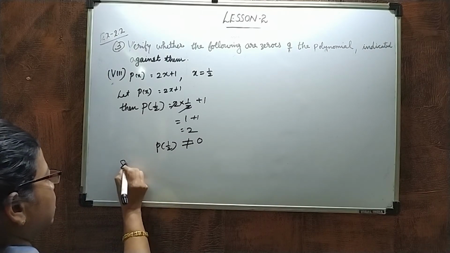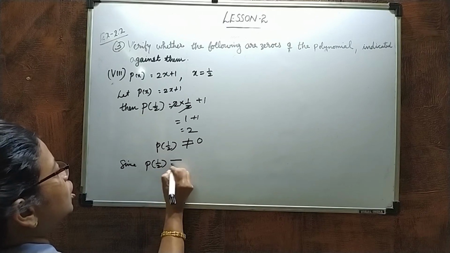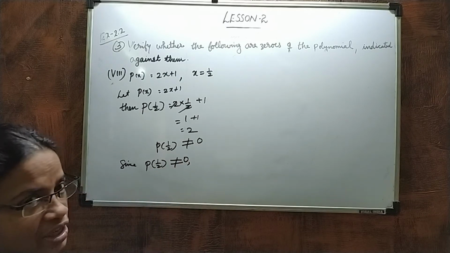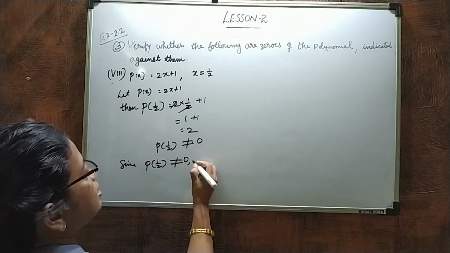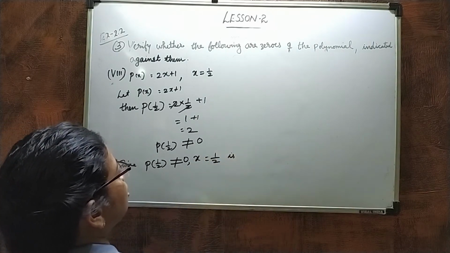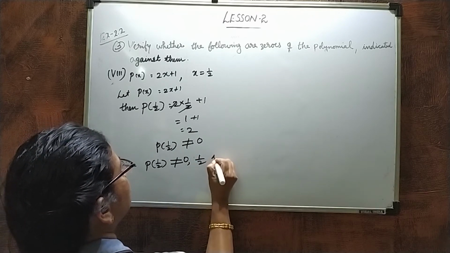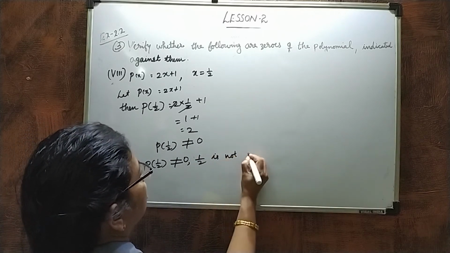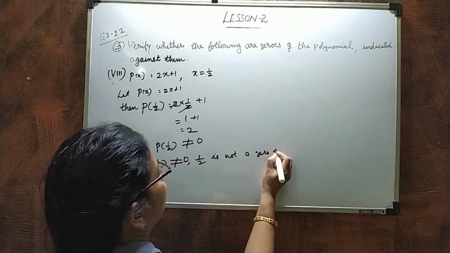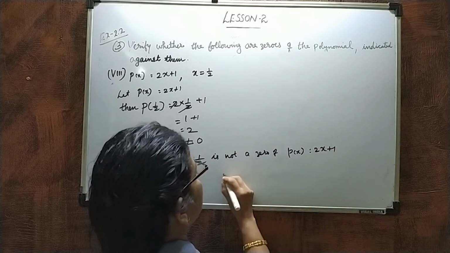Then what you have to write: since P of 1 by 2 is not equal to 0, then 1 by 2 is not a 0 of the polynomial P of x is equal to 2x plus 1.